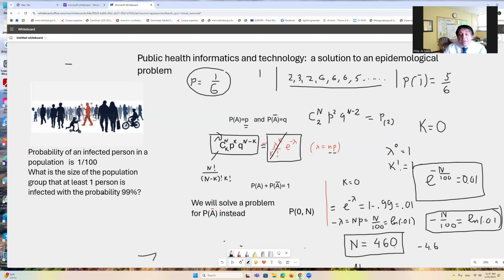So what does this number we received mean? It means that if you take a group that consists of 460 people randomly chosen in this population, with 99% probability you will find a person in this group who is infected with flu or other diseases. It depends on what kind of probability you have.